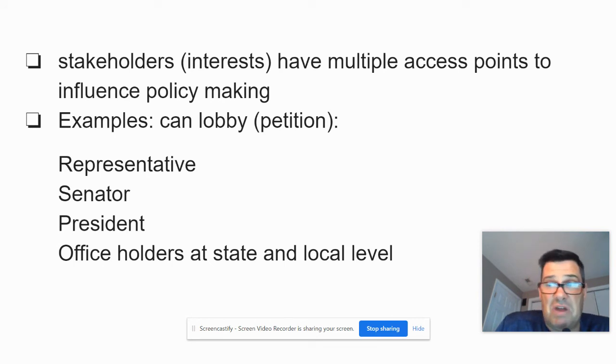We could write letters to the president. Probably can't talk to the president, but you could certainly write to the president and try to influence them. And then you have all the office holders at the state and local level. So you have the local government, the state government, the federal government. You could try to influence each or one, depending on what the issue is.